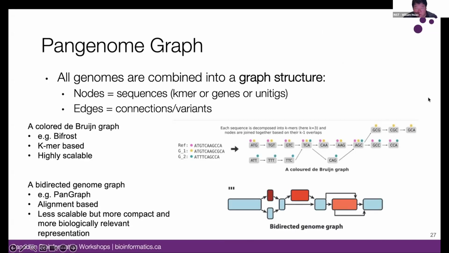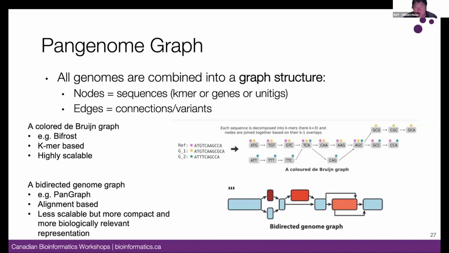So the second approach is a graph-based approach where all the genomes are combined into a graph structure where the nodes are essentially the sequences. It could be a k-mer, it could be a gene, or it could be a unitig, right? A DNA fragment that's unique in the sample.